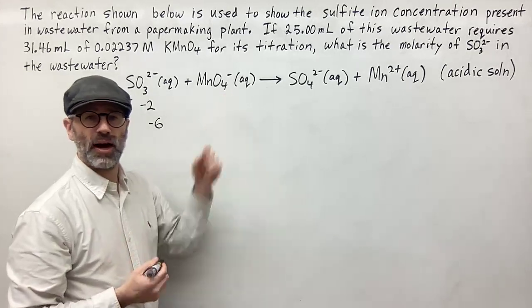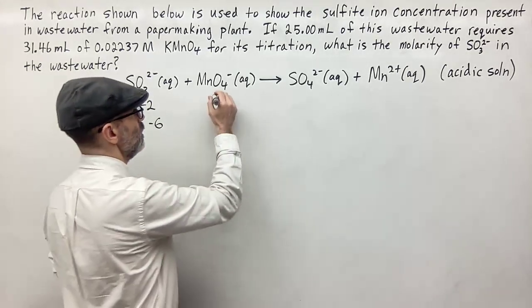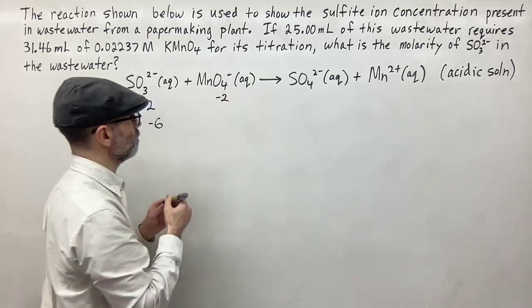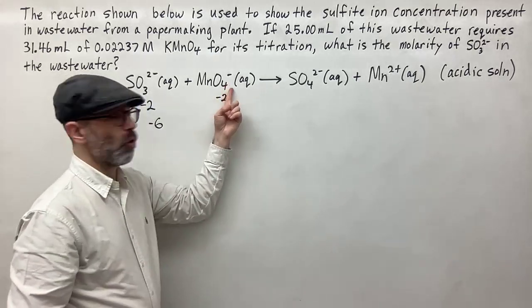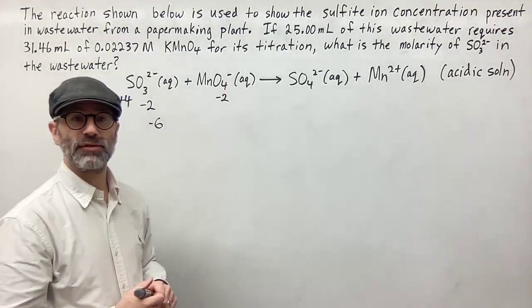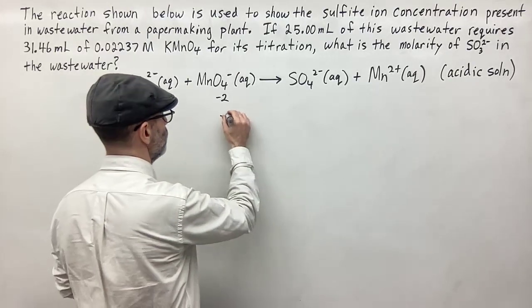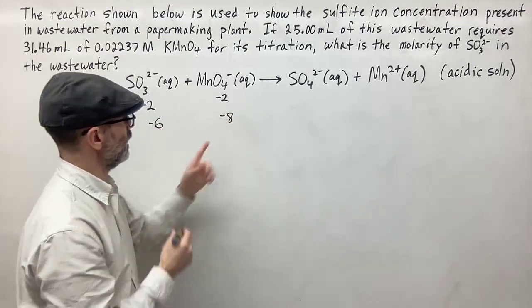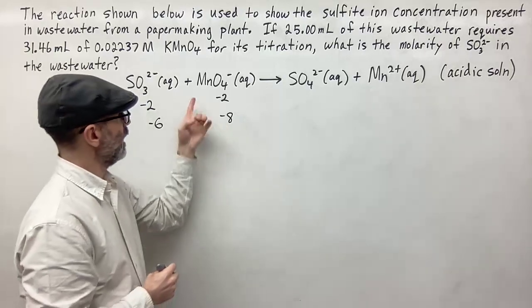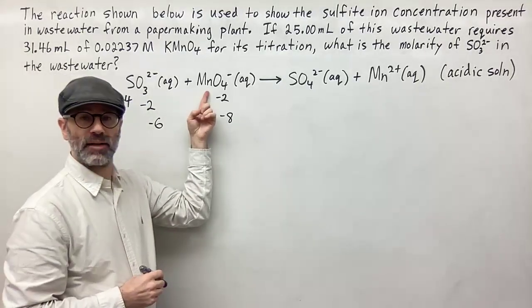So I'm going to give oxygen a -2 oxidation state again. Here I have 4 oxygens, so 4 times -2 is -8. So I have a total of -8. Again, I have one manganese.